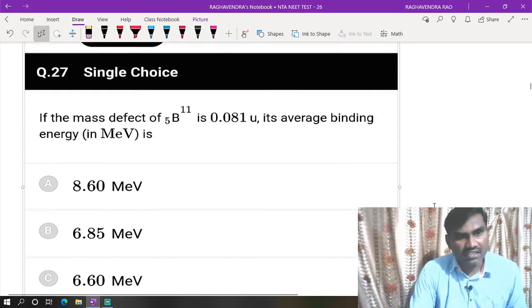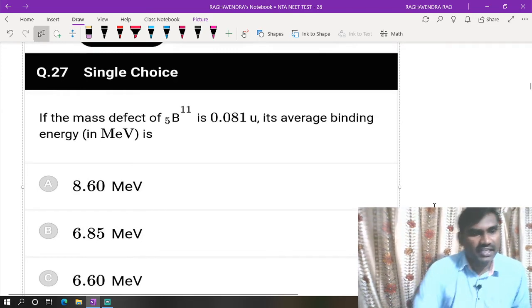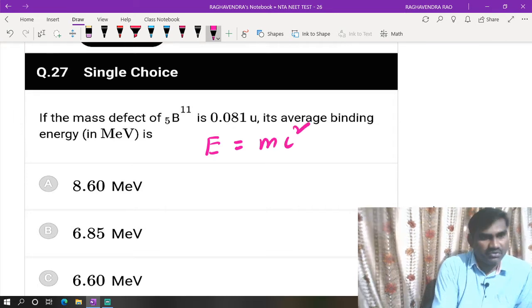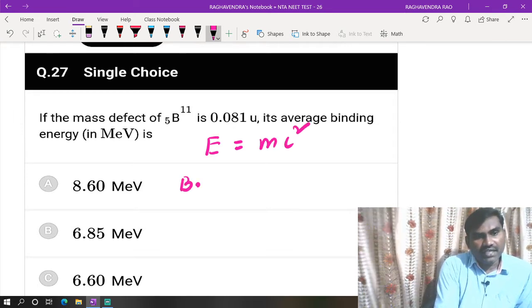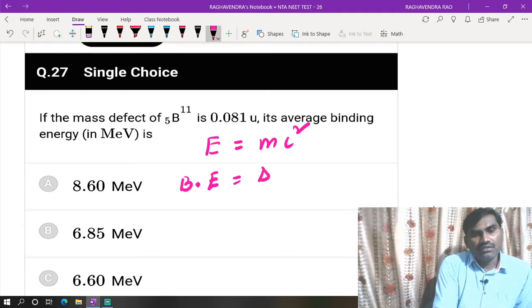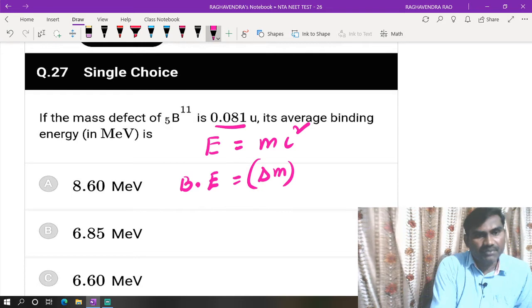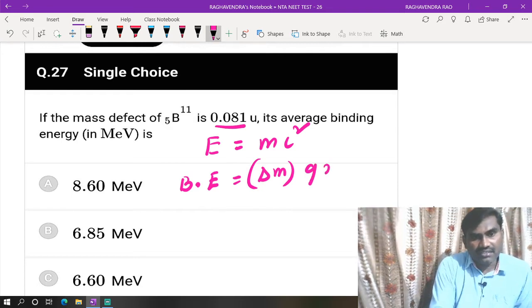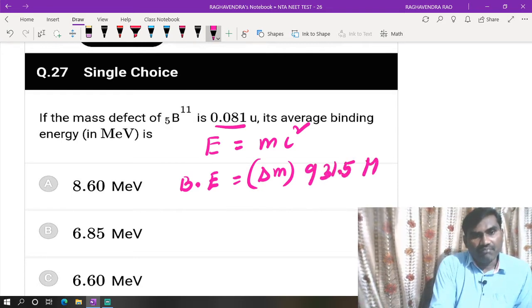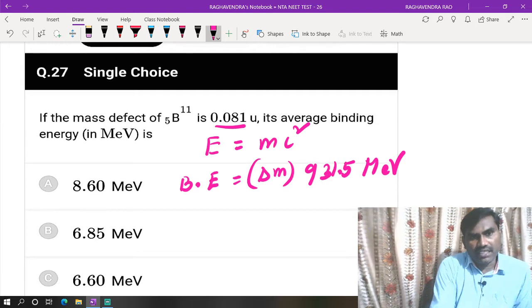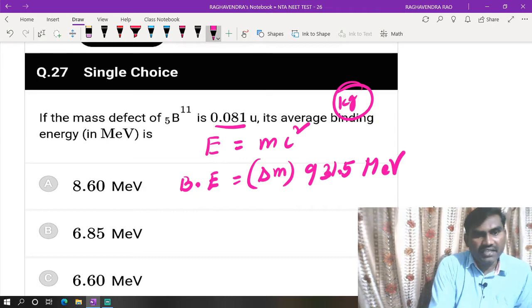If the mass defect is given, to find the binding energy we can use Einstein's mass energy relation, E is equal to mc square. Binding energy is equal to mass defect into 931.5 mega electron volt, if the mass defect is measured in AMU, atomic mass unit. If masses are measured in kg, we get binding energy in joule.